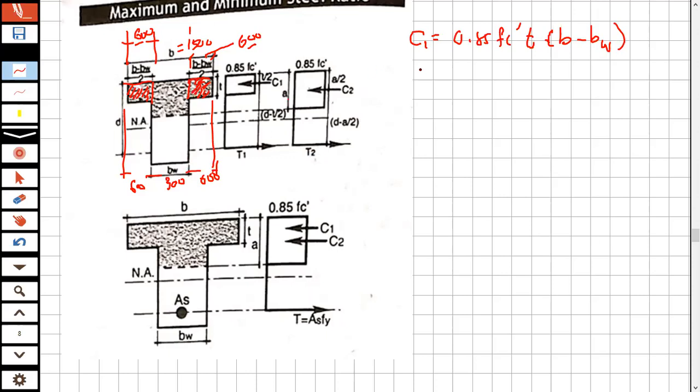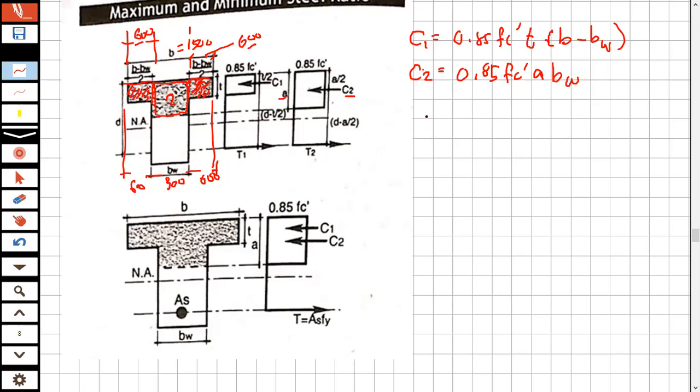And then you have for C2, ang consider natin, ito na, number 2. What is the area of this one? The area of this one is just BW multiplied by a. Multiply mo ng 0.85 f'c, that becomes your C2. So in other words, your C2 becomes 0.85 f'c multiplied by a, and then multiplied by BW.